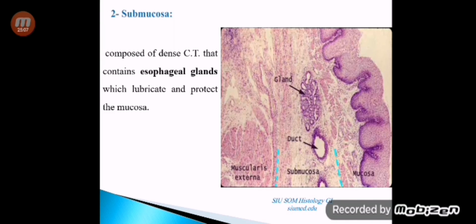The second layer is the submucosa, which is composed of dense connective tissue. This is the submucosa, consisting of connective tissue containing esophageal glands, whose secretion acts to lubricate and protect the mucous membrane of the esophagus.